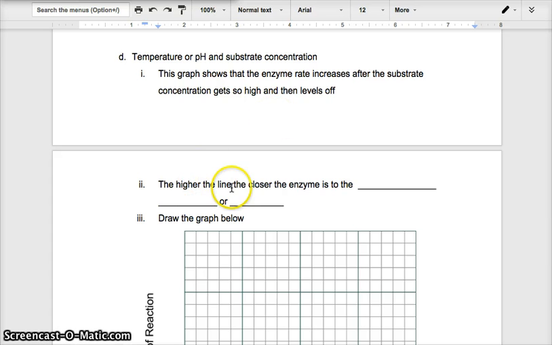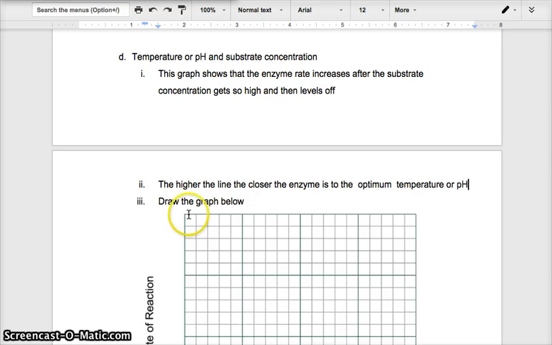And then the higher the line, the closer the enzyme is to the optimum temperature or pH. The higher the line, the closer it is to that optimum.